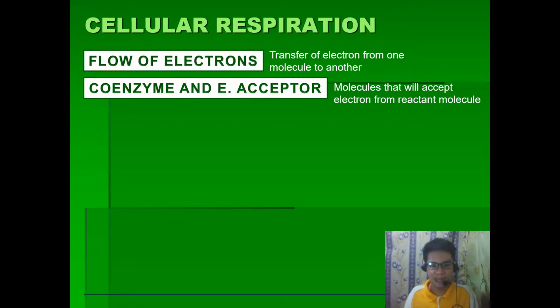In this slide, I mentioned a while ago that cellular respiration involves the transfer of electrons from the reactant molecules to a coenzyme and then to an electron acceptor. I'll be giving you an illustration which will enable you to understand the concept of flow of electrons. Take note, class, that in cellular respiration, the reactant molecule will be oxidized.